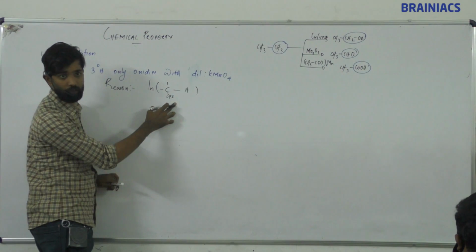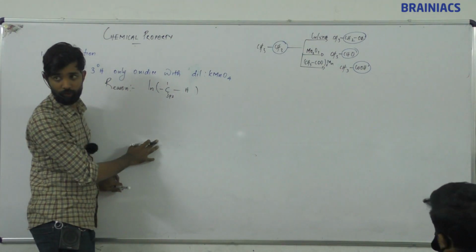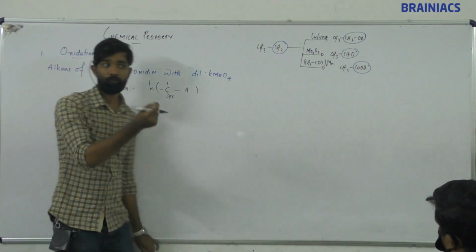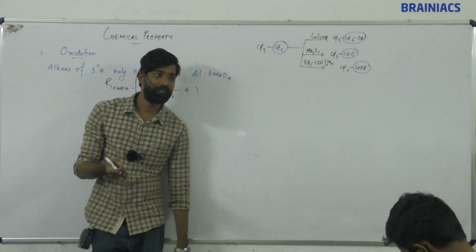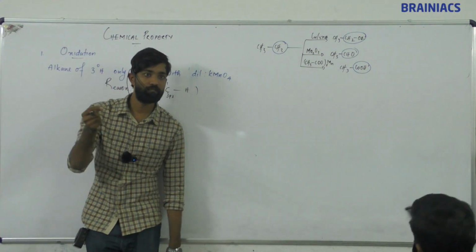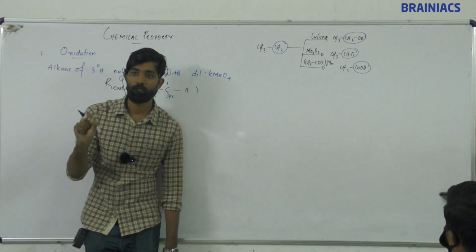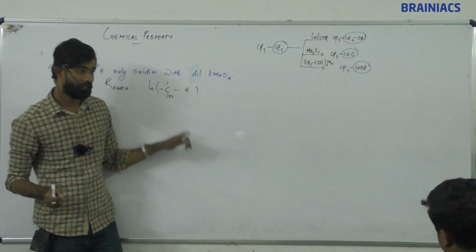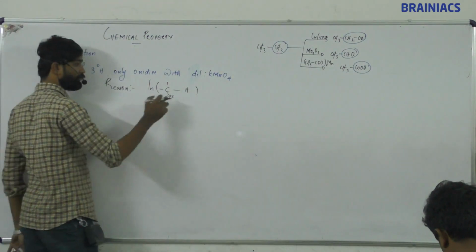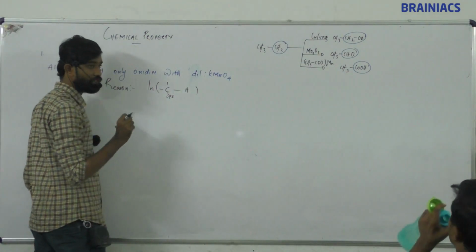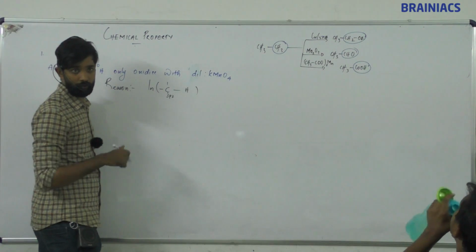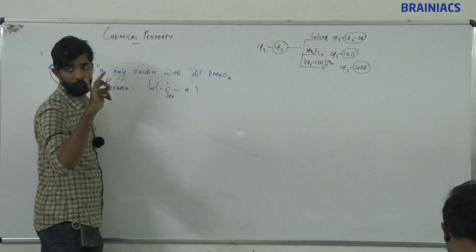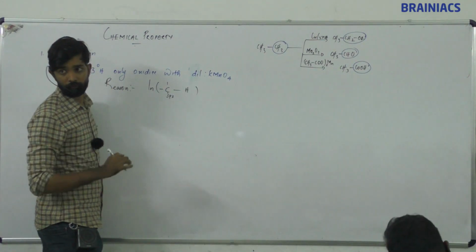Hydrogen on a triple bonded carbon is an sp CH bond. Hydrogen on a double bonded carbon is an sp2 CH bond. But here, an sp3 CH bond means a hydrogen on a single bonded carbon. The chances are either primary, secondary or tertiary: three chances.